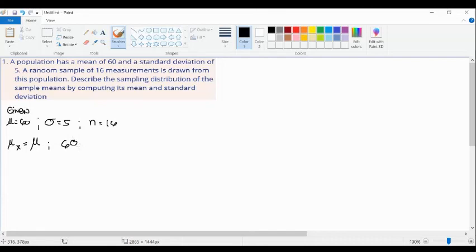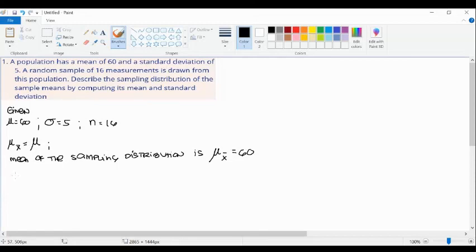Or we can put it like this: the mean of the sampling distribution is equal to 60.